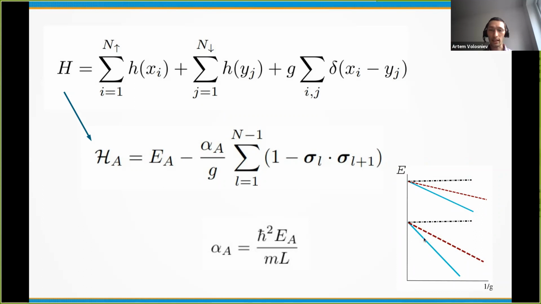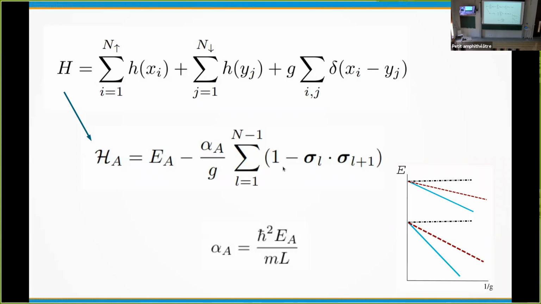There are different manifolds. When G is infinite, the wave function is a function of the ideal Fermi gas, and the spectrum of the ideal Fermi gas will be discrete. It will give you many states, and each state here will produce its own spin wave.